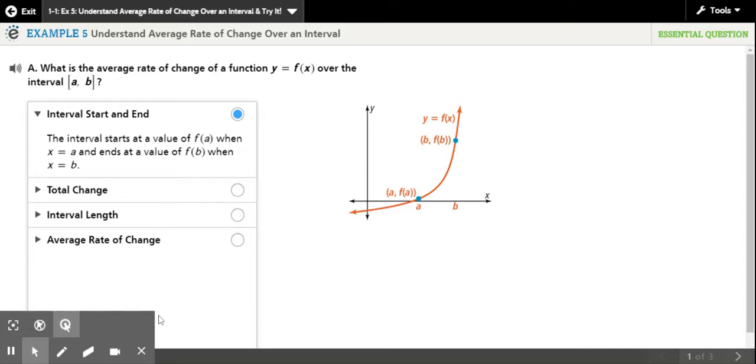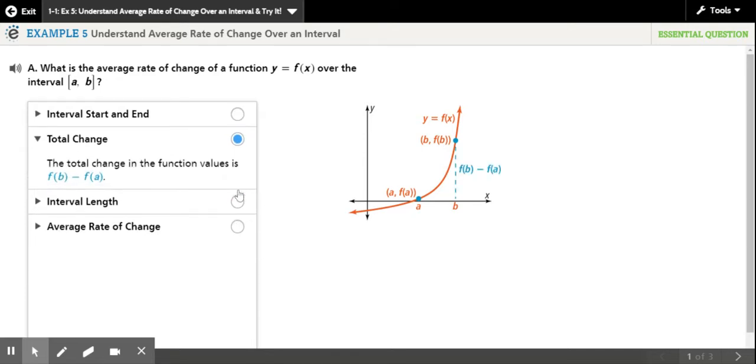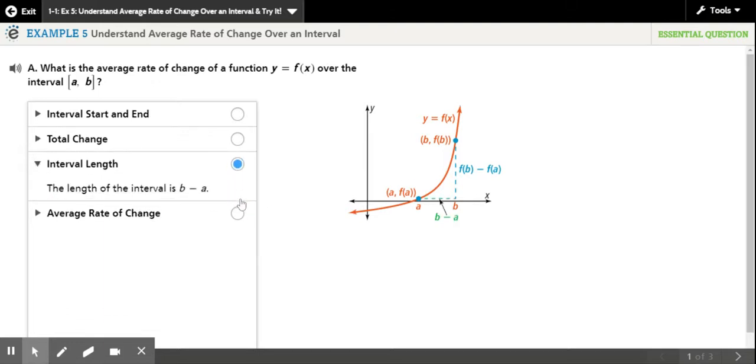The next thing you're going to figure out is the total change. So that's just the change in the y value of the b function compared to the value of the a function. The interval length is the difference between the x value for b and the x value for a.